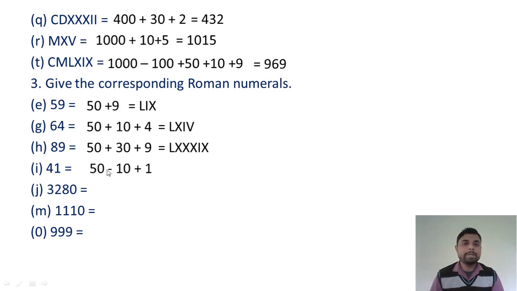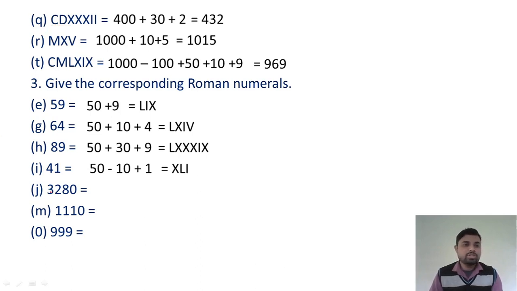We write it this way: 50 minus 10, that is 40, plus 1. 50 means L and 10 means X. So for the minus, will X be on the right side or left side? Obviously the left side, because here is the subtraction sign. So XLI. Okay, and I have told already that XL means 40. Here CM means 900. Is it clear? CD means 400. Okay.